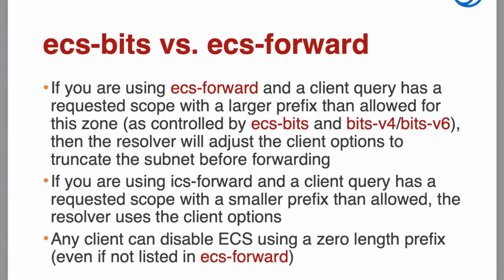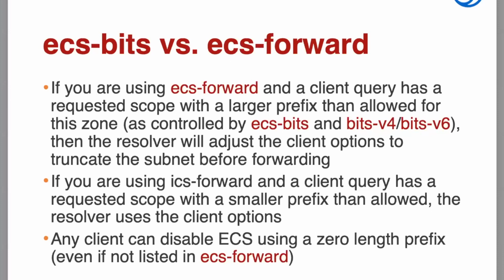In that case, the client ECS options are still used, but we cap them to the control that we've added ourselves for our own resolver. So the client might ask with 24 bits of subnet, but if you have said in your ECS bits, no, I only want to use 16, we will still use the subnet, but we will truncate it down to being the wider scope subnet within which the client request exists.